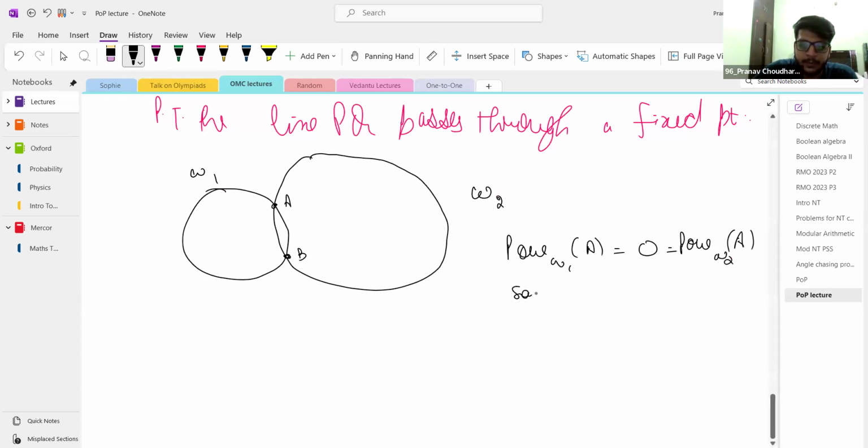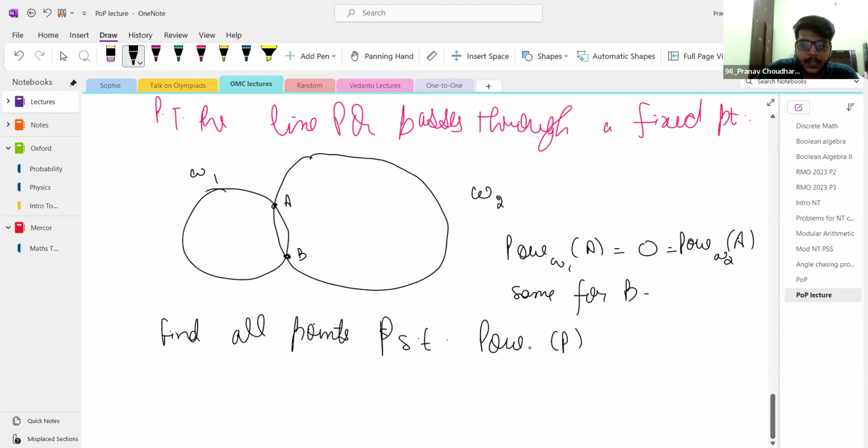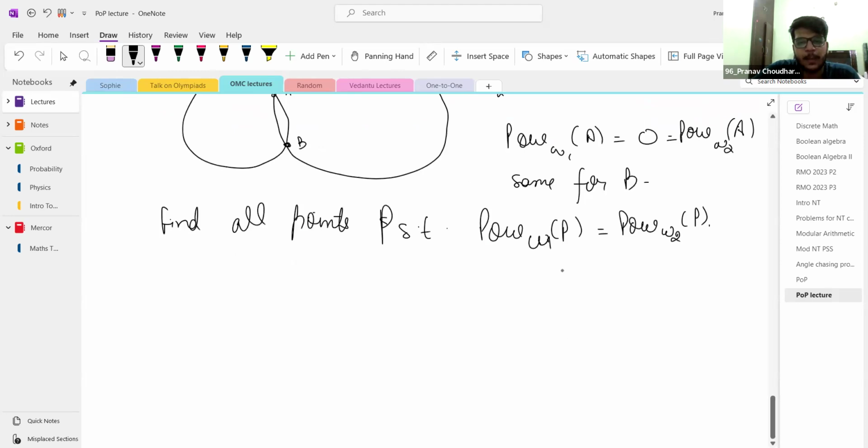Same goes for B. So maybe I can find all points P such that power of P with respect to omega 1 is equal to power of P with respect to omega 2. Okay. So let's try to do this.